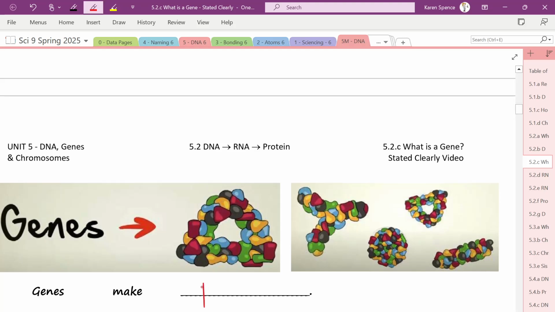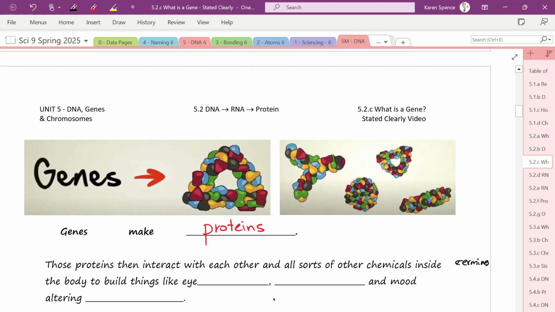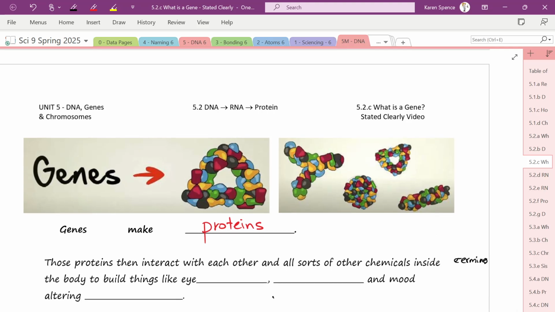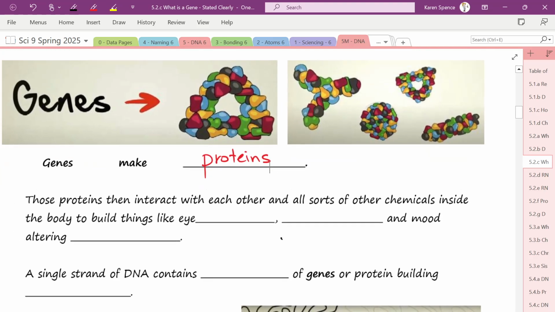Genes make proteins. This is super simplified. If you go on and study biology, you'll learn that there's other things that genes do, but basically for grade 9, that's all we need to know. These proteins then interact with each other and all sorts of other chemicals in the body to build things like eye color.